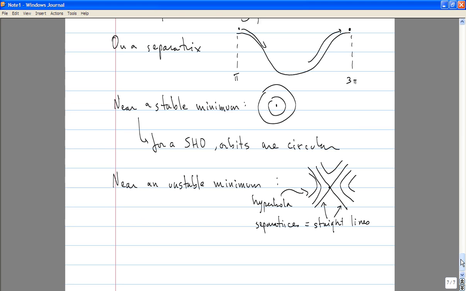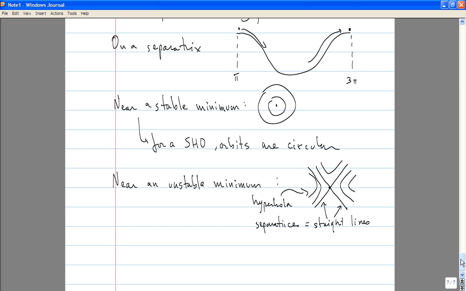as I emphasized, although we can explicitly write down an integral for the time it takes to evolve from one point to another, we can't always do that integral exactly.